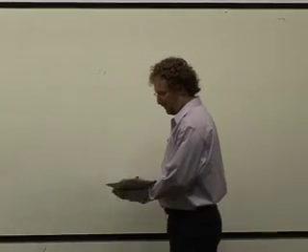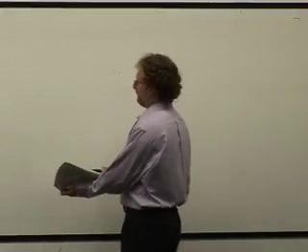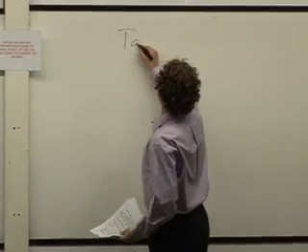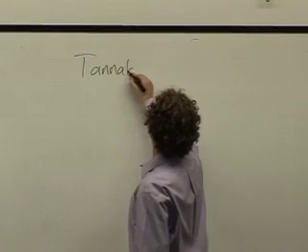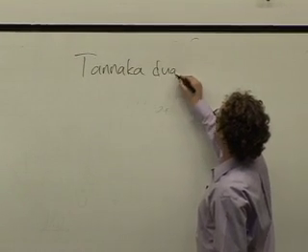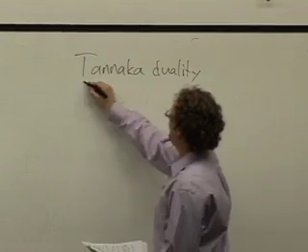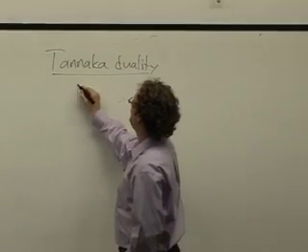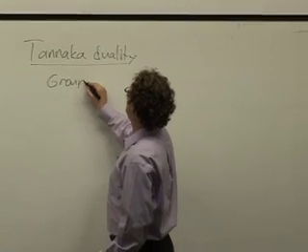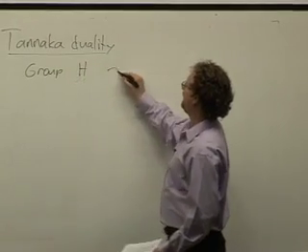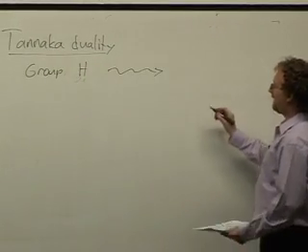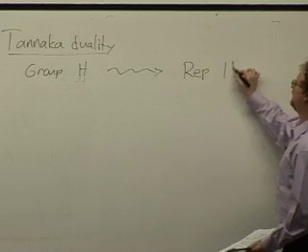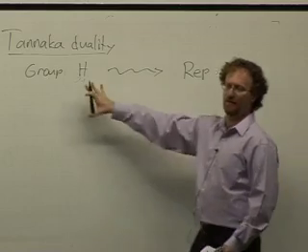So there's a very beautiful story called Tannakian theory, or Tannaka duality. And Tannaka duality tells me that if I have a group H, I can consider its category of representations. So my groups and categories, now everything is going to be complex.